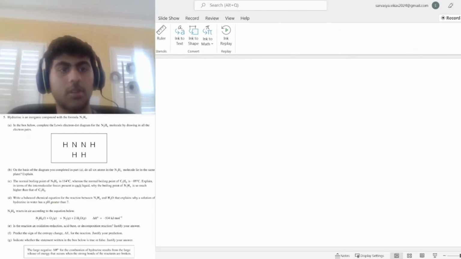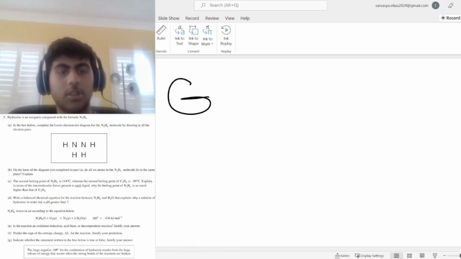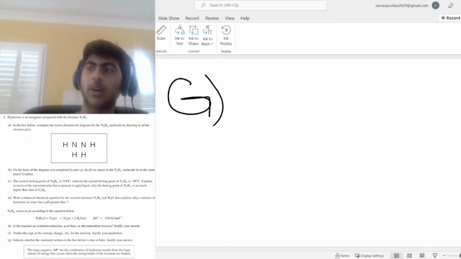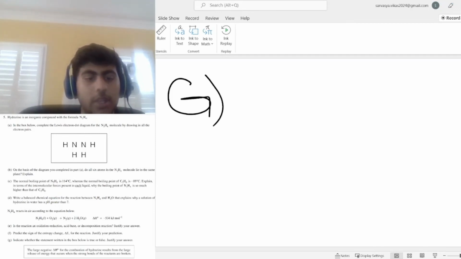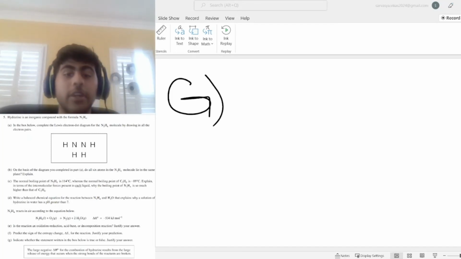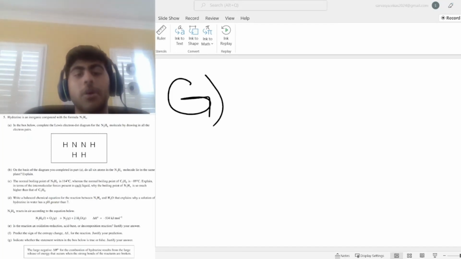Part G says indicate whether the statement written in the box below is true or false, and justify our answer. The statement is: the large negative delta H for the combustion of hydrazine results from the large release of energy that occurs when the strong bonds of the reactants are broken.